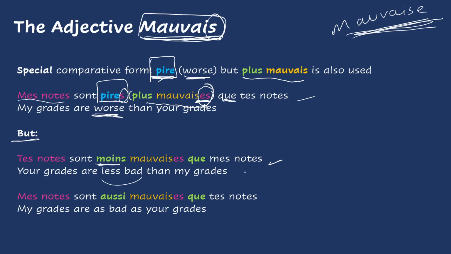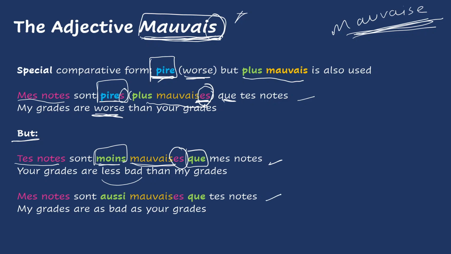Here, just like in English now, we go back to the regular forms. For less bad, you're going to use moins in front of the adjective, mauvaise, and que behind. Except that here, tes notes are feminine plural, so we need to hear and see the feminine and plural mark. Tes notes sont moins mauvaises que mes notes.